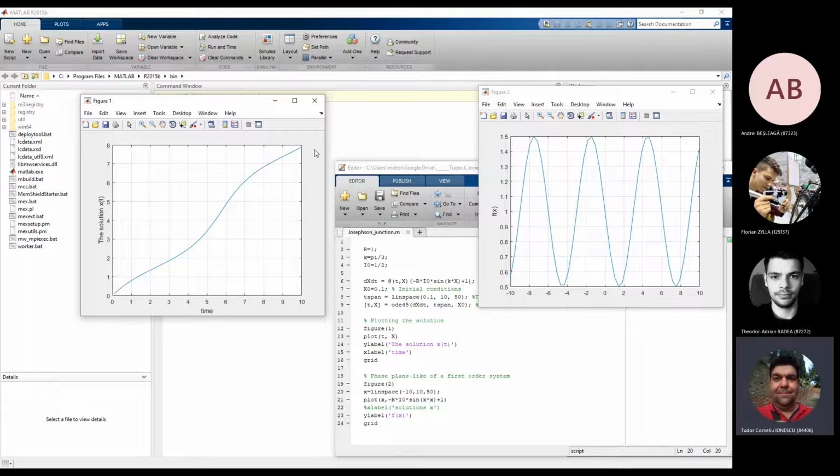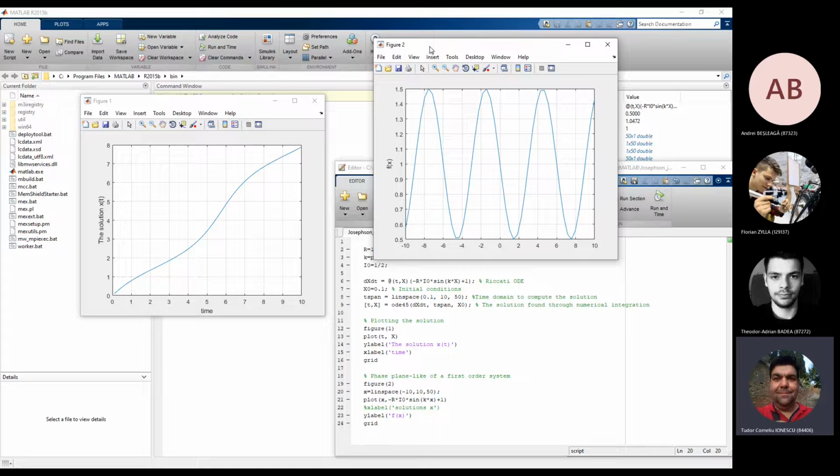It's monotonously increasing, and if it's monotonously increasing, there is no equilibrium possible. Probably 0 should have been an equilibrium point, but it is probably unstable, because the trajectory runs away from 0. So probably the system is unstable.